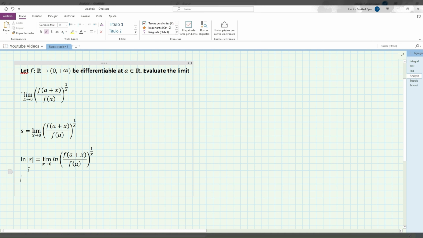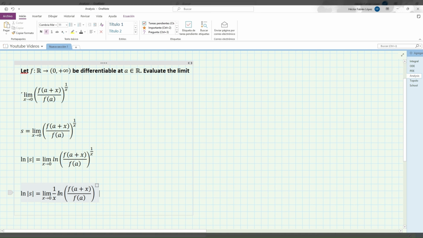Here again we will apply properties of the natural logarithm. Then here we can delete this exponent and rewrite it over there, 1 over x, times this.